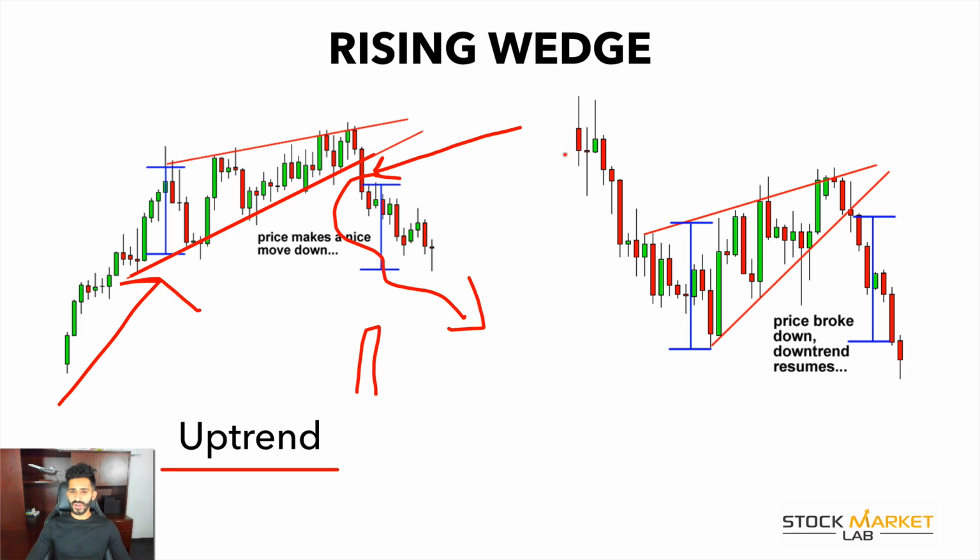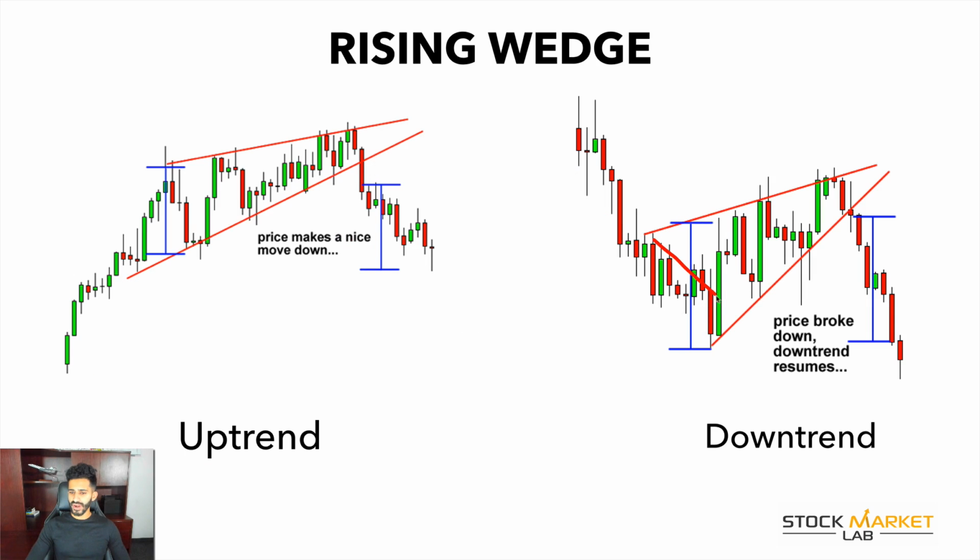Now, if a stock is on a downtrend, right? Let's say the stock is on a downtrend and there's a rising wedge, you can see the low gets higher, the high gets higher, right? The price gets tighter and tighter. And as soon as the stock makes a big move, there's a high probability that it will keep going down on a downtrend.